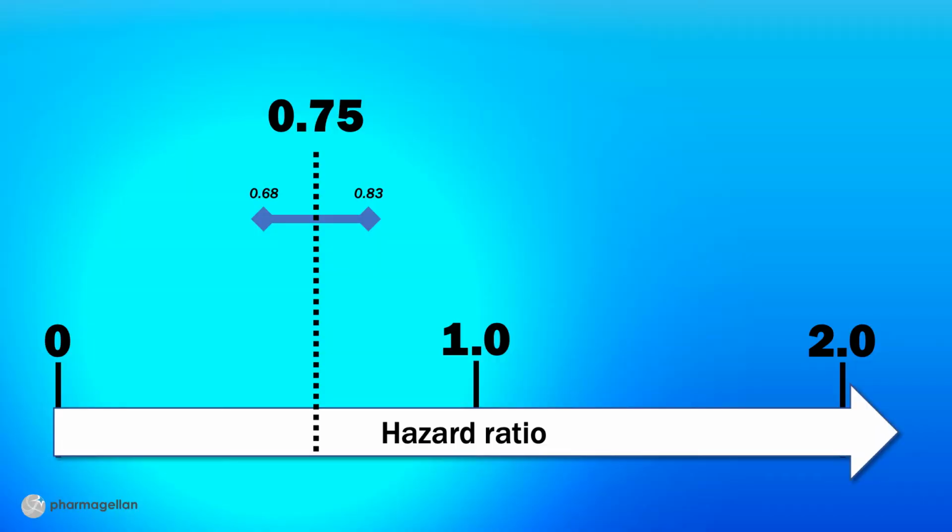For me, if I get both pieces of information, I think the 95% confidence interval is more useful because it gives me a clearer sense of how close the hazard ratio is to crossing 1, which would indicate no difference. So in this case, the hazard ratio's 95% confidence interval ranges from 0.68 to 0.83, which is pretty convincing evidence in favor of the reported hazard ratio of 0.75, because 0.83 is quite far from 1.